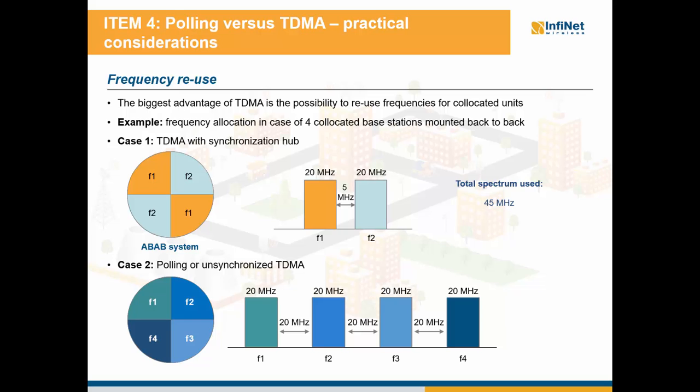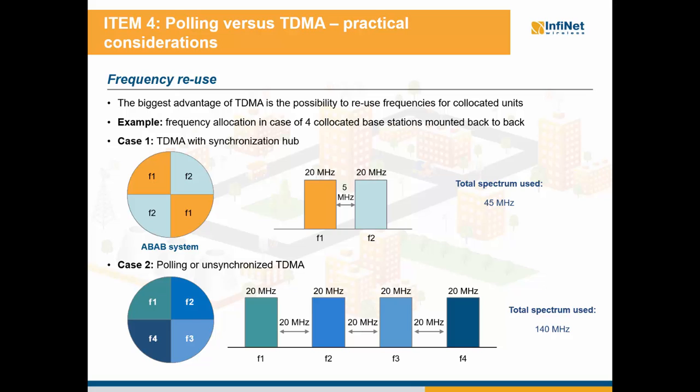They will interfere with each other, definitely, through both back lobes and main lobes. In this case, at least 20 megahertz separation should be considered between each channel, and I must say that this is the minimum. In some situations it should be more than 1 channel separation between them. If we make a calculation, we get a total of 140 megahertz.